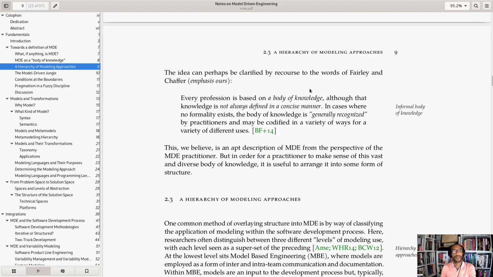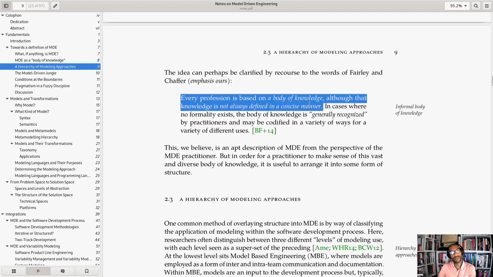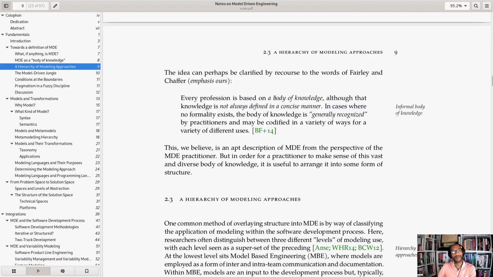If you take this definition as an example, every profession is based on a body of knowledge, although that knowledge is not always defined in a concise manner. So there's this idea that associated with a profession or with a group of tasks or with certain kinds of work, you have this body of knowledge that you need to acquire during your professional life, and then you master that body of knowledge.